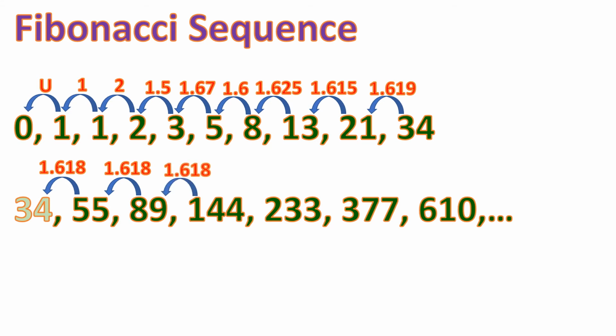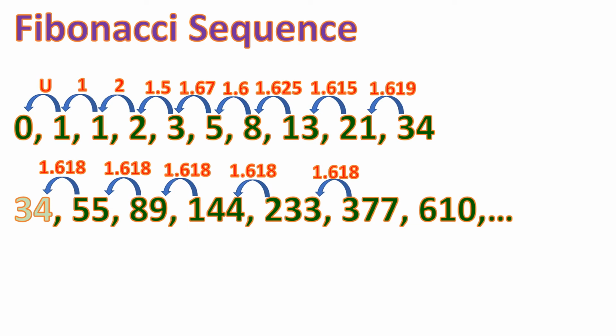So observe that starting from 34 going up, we are already having a common ratio. Although the common ratio is not exact, if you round up to 3 decimal places, it's going to be the same. 233 divided by 144 is 1.618. 377 divided by 233 will be approximately 1.618.